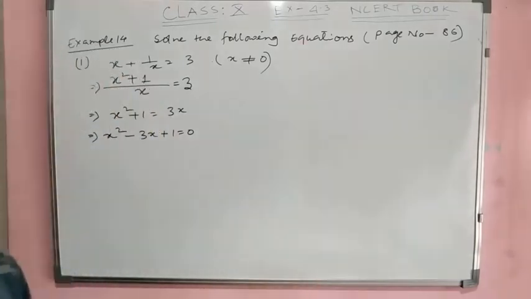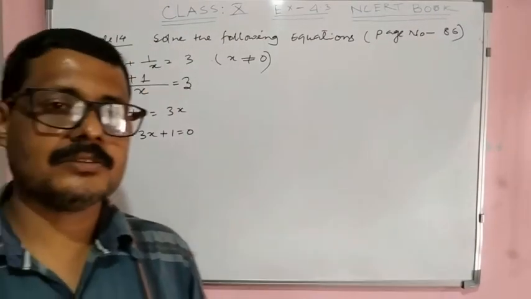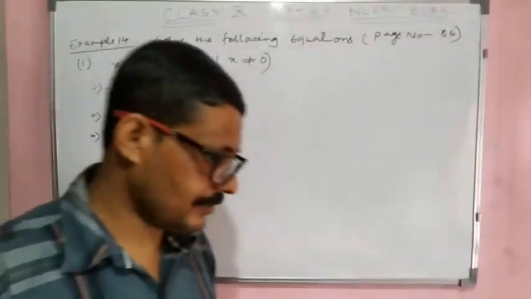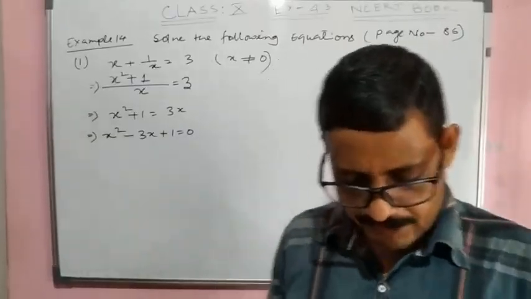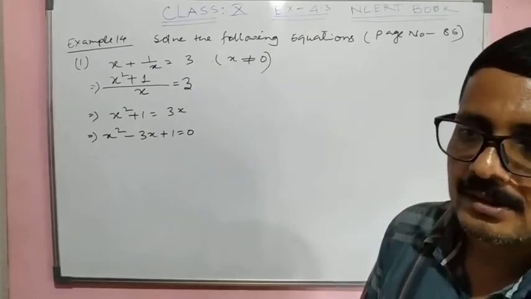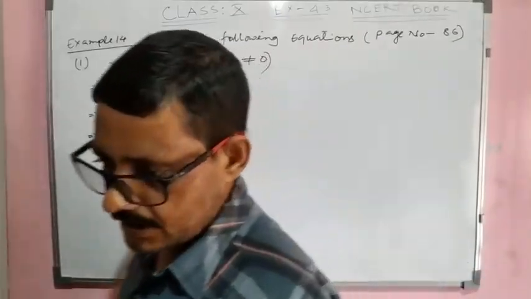Now we have three methods: the factorization method, the completing square method, and the quadratic formula. But you should remember here that a quadratic equation can be solved by the factorization method if the discriminant is a perfect square. If the discriminant is a perfect square, then we can find the middle term factors.